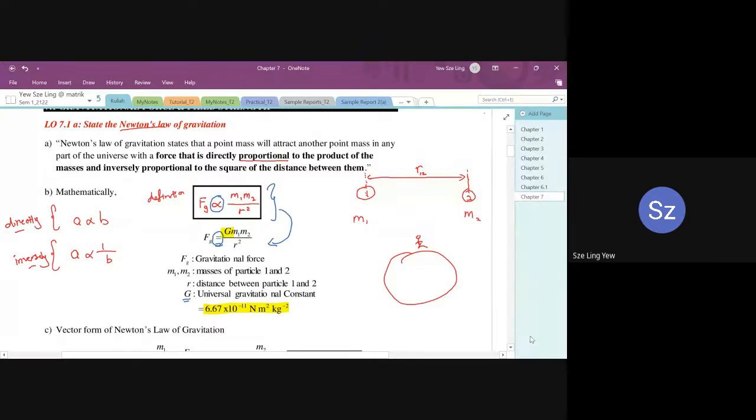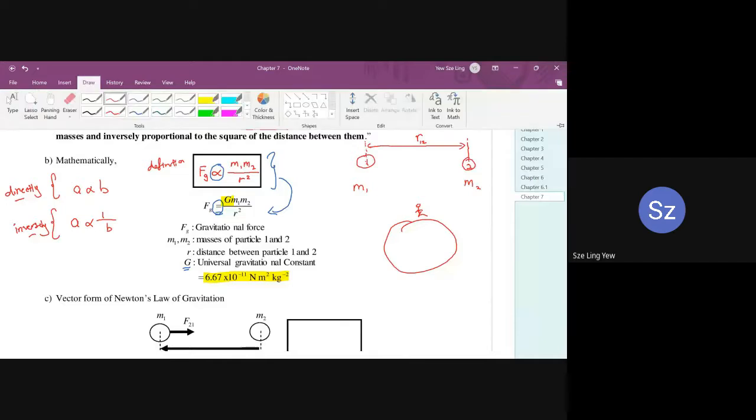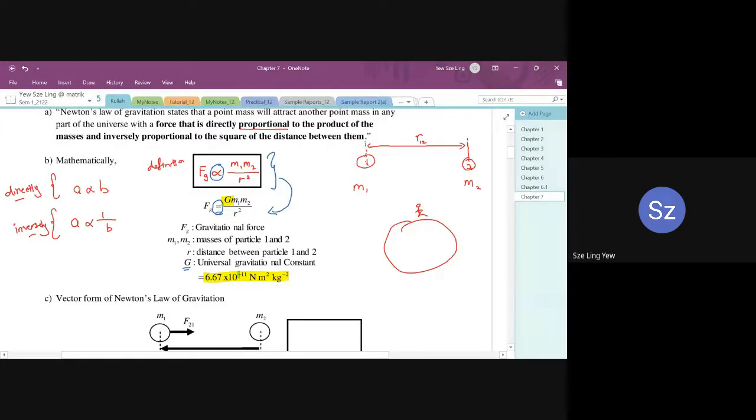So you look at the value of G. F equals G M1 M2 divided by R squared. But if you look at the value of G, the thing that you can observe is the power of G. G equals 6.67 times 10 to the power of negative 11.